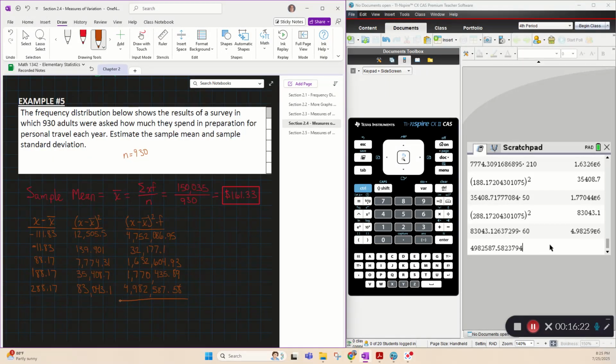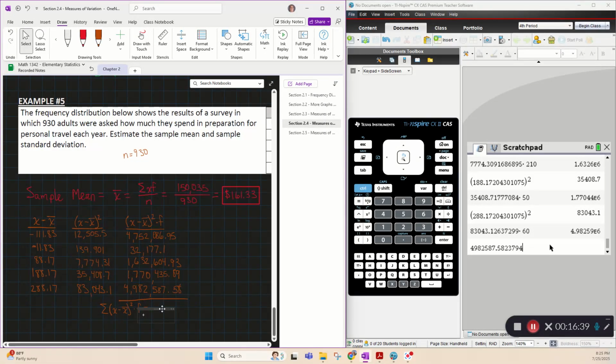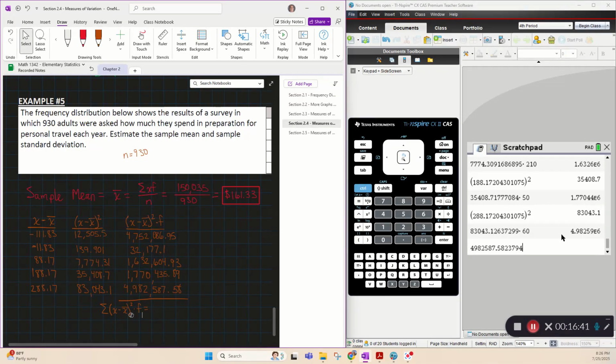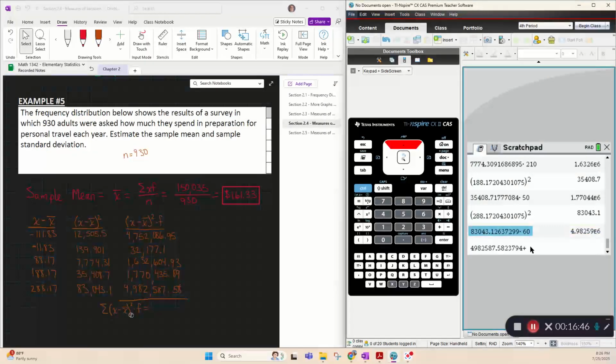But the good news is we are almost done because our numerator is the sum of this last column. So if I add up all of these values, I keep doing that. I keep trying to bounce back and forth, and it hadn't worked yet. Maybe one day the computer can read my mind. But that day is not today. Need to go get that one.